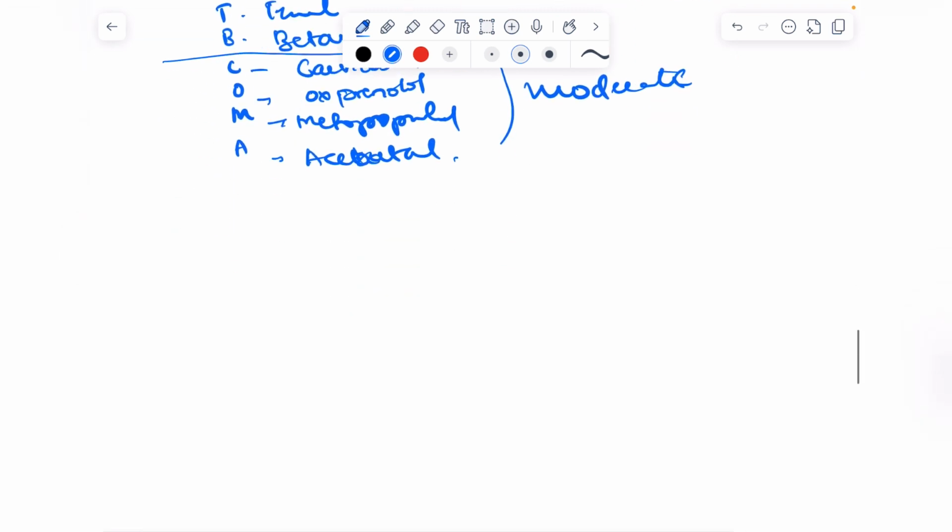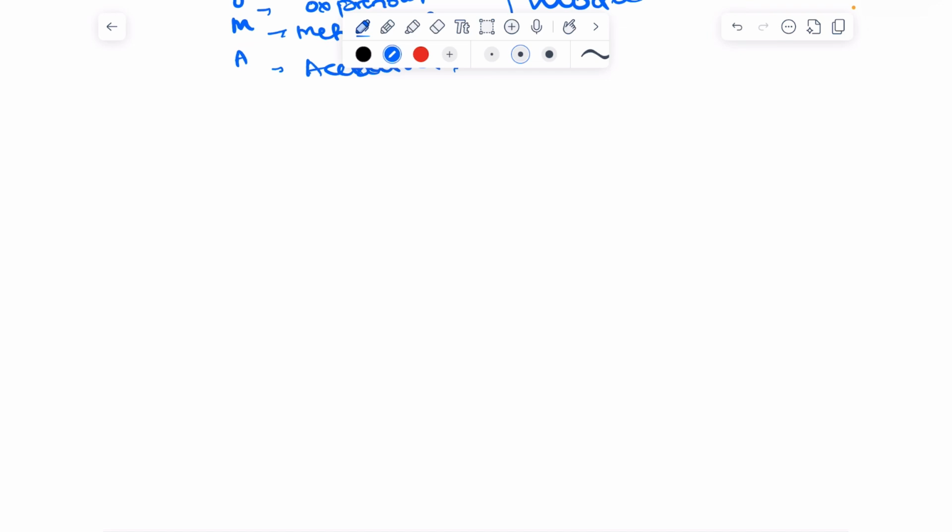So how to diagnose a case of beta blocker toxicity? It is very easy when there is clear cut evidence in history and examination, but diagnosis becomes very challenging when there is polypharmacy or multiple drug overdose.